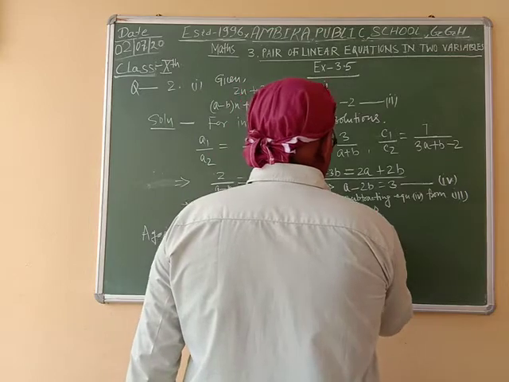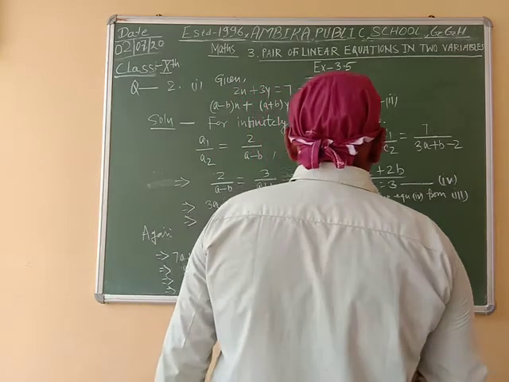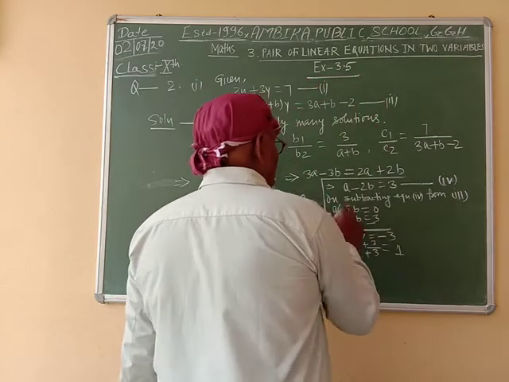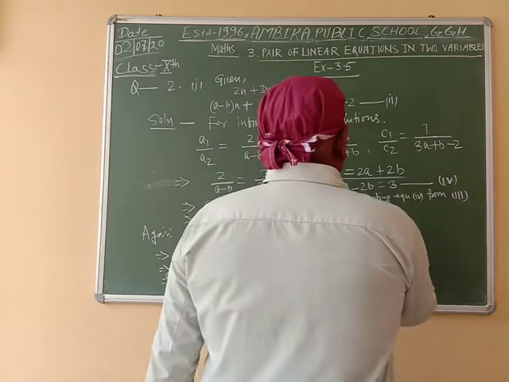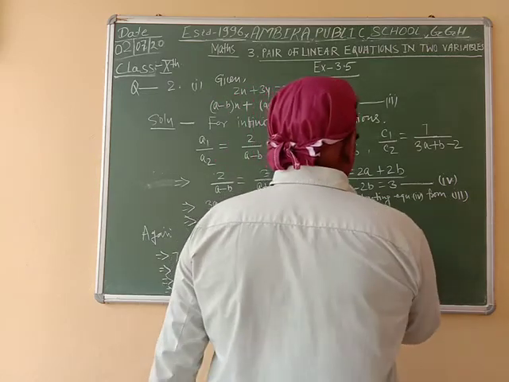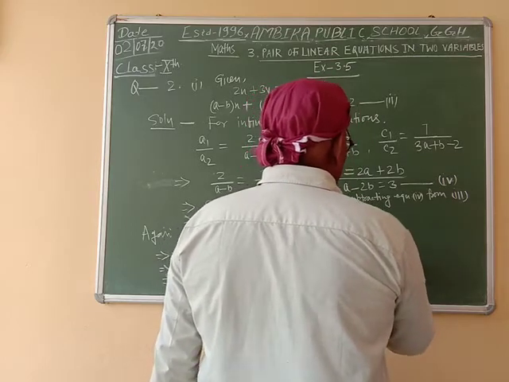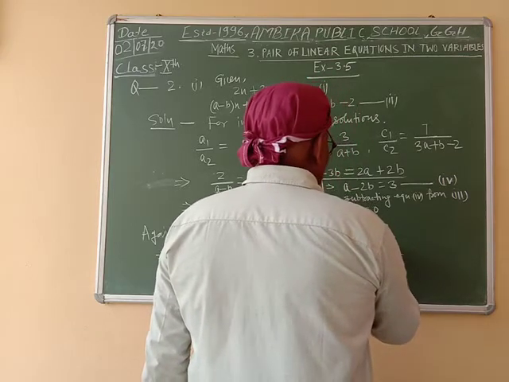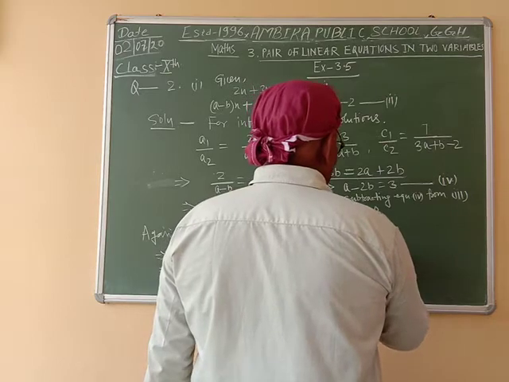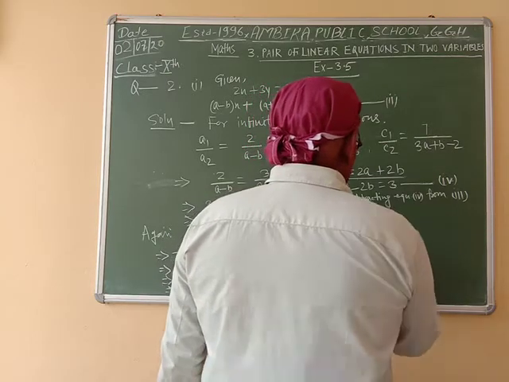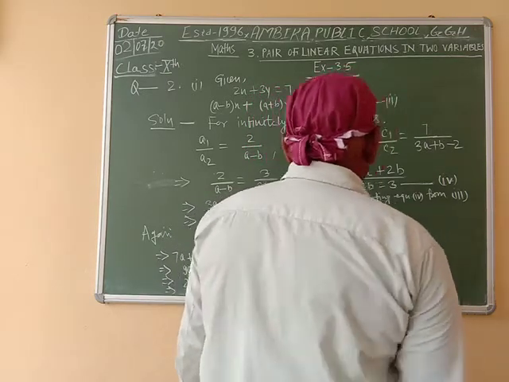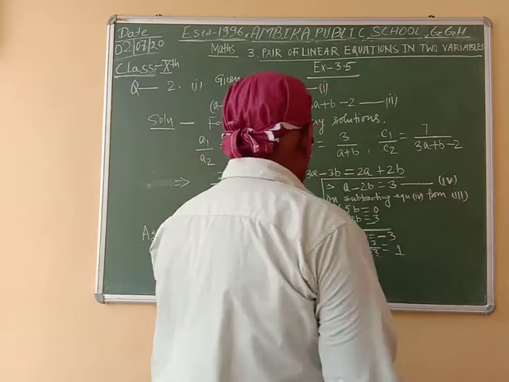We change its sign. So a minus a is cancelled, minus 5b plus 2b is minus 3b, equal to minus 3, therefore b is equal to minus 3 by minus 3. Here both are the same sign, so we cancel it. So b is equal to 1. So value of b is 1.